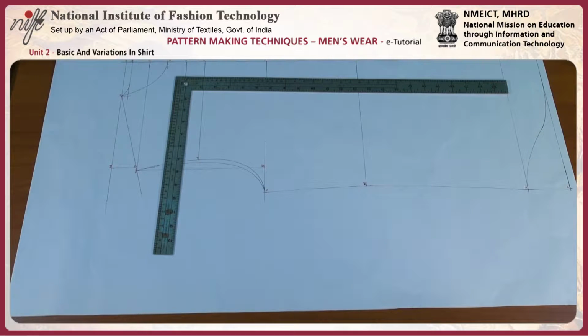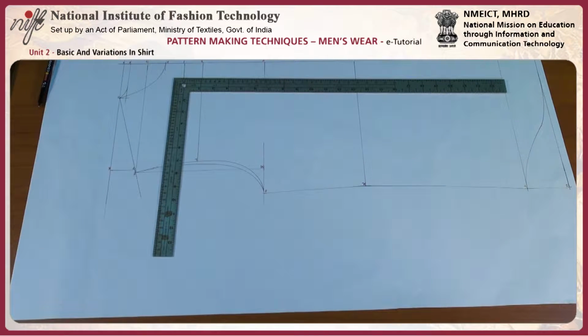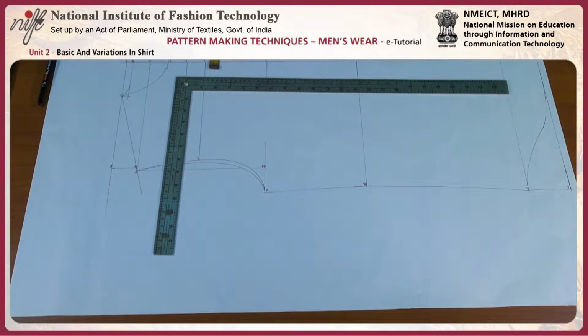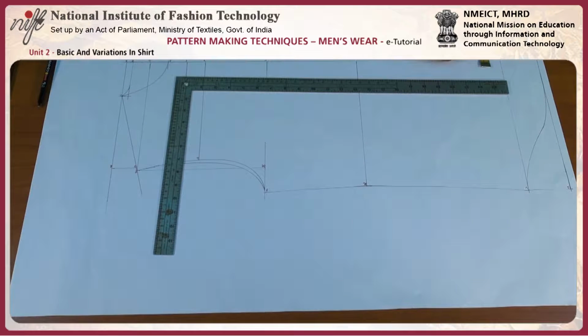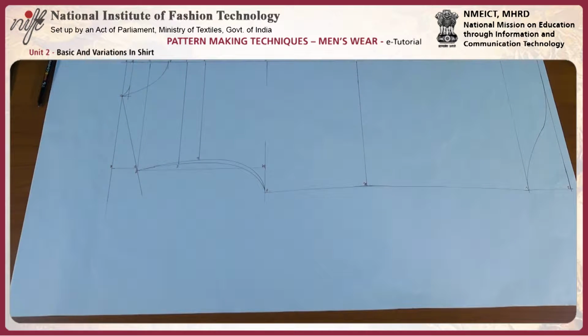Measure 1.5 centimeter, 1.5 centimeter extension, which is half of center front placket width. It can be also 2 centimeter if it is required.